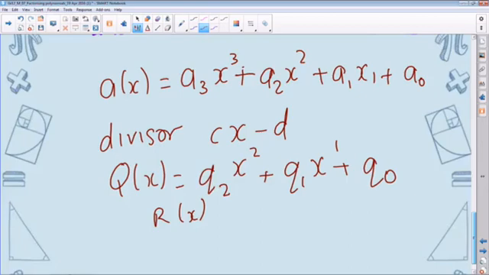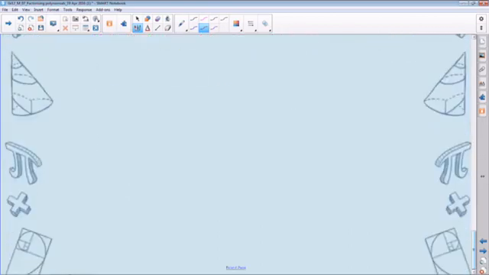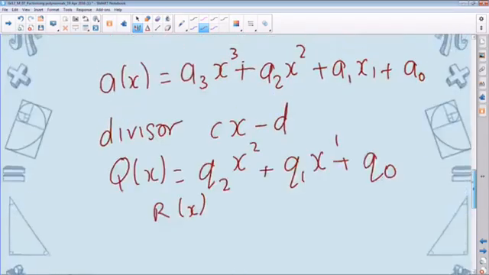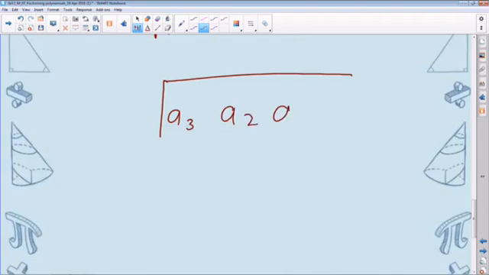All right, so our general form is going to look like this, and I'm just going to write it down for those who are making notes of this and would like to use this as an alternate method. So this is what we're doing. Under your horizontal bar, you're going to have the coefficients of your cubic polynomial, so a3, a2, a1, and a0.